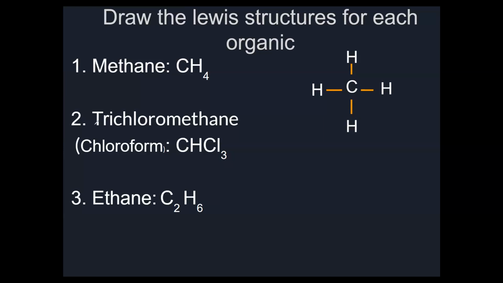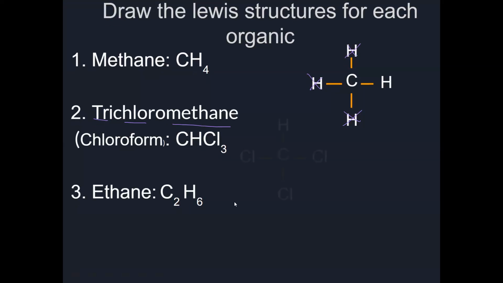Trichloromethane, 3 chlorines on the methane. So you take out 3 of the hydrogens and you add in chlorines. And that is how you get trichloromethane. So you can probably guess how to get monochloromethane and dichloromethane. Although a lot of times we don't say monochloromethane, we just say chloromethane.